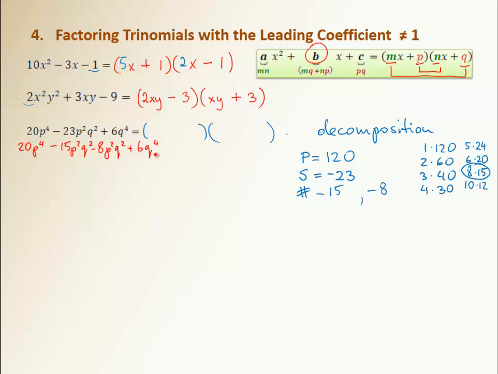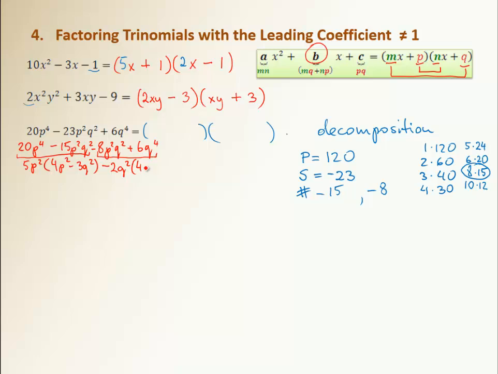Now we have an expression with 4 terms. We can group them 2 by 2. So use the grouping strategy and take the common factor from the first group, which is 5p square. What's left is 4p square minus 3q square. And from the second group, take negative 2q square.